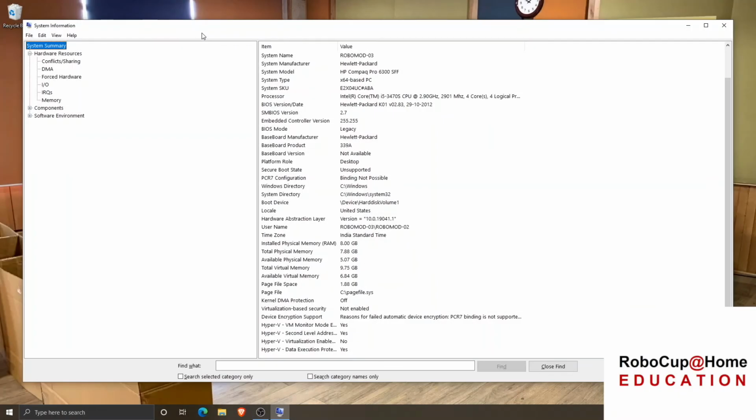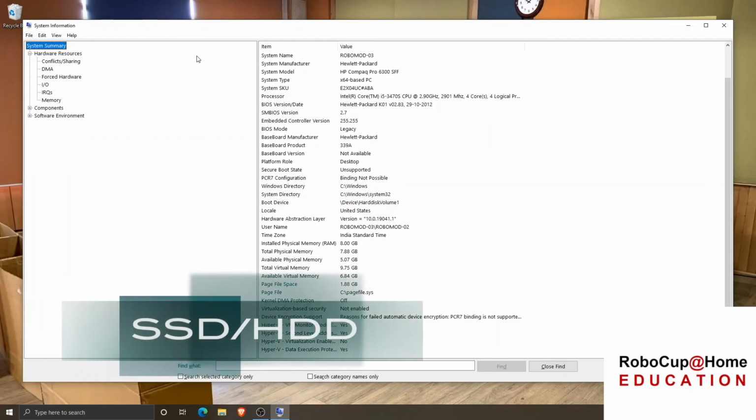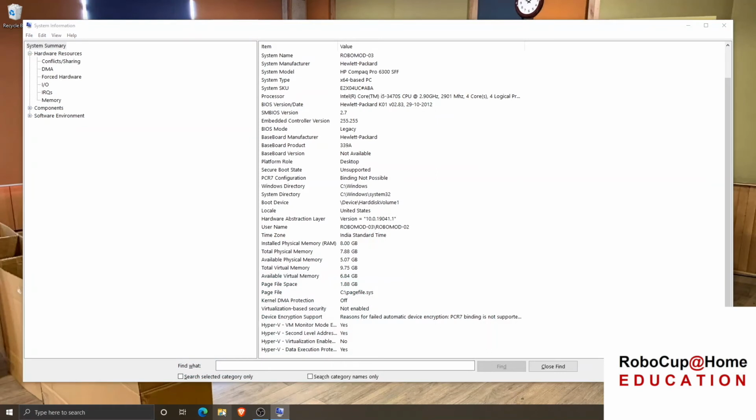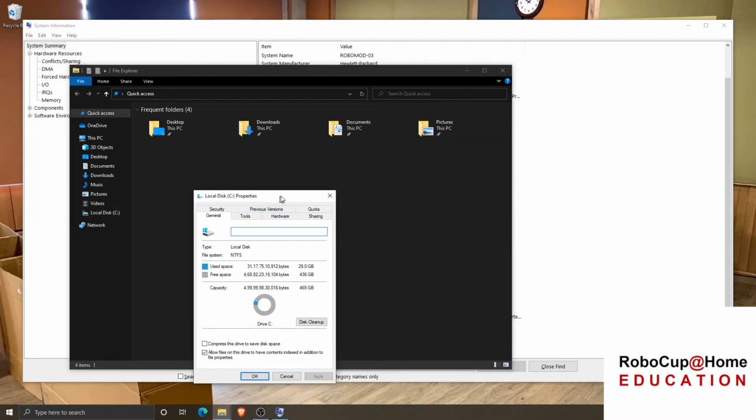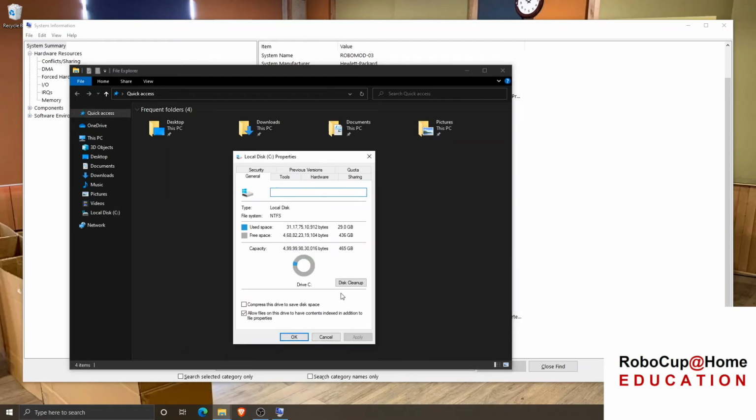So now for the storage requirements, it's not mentioned over here, but what you can simply do is go to File Explorer and then right click on your local disk and then open up Properties. That would give you the total capacity of your drive.